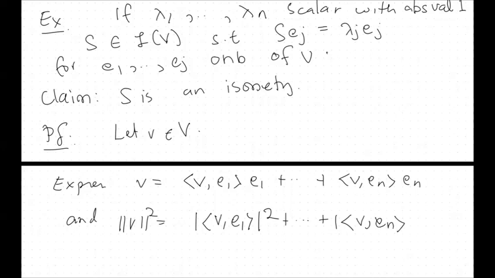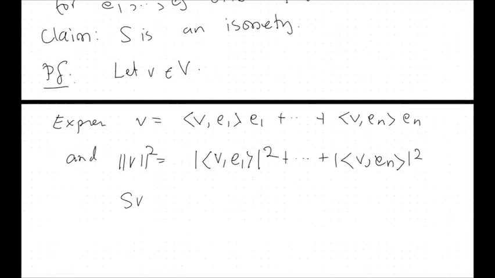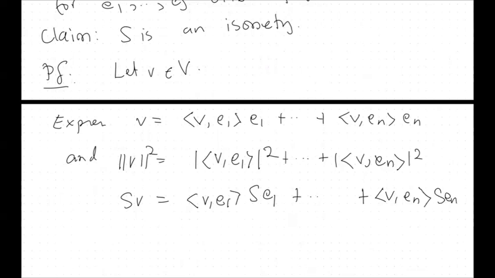This is used in our proof before. And here, if we apply our S to V, you get the inner product of V and E1 times S E1, up to V En times S En.